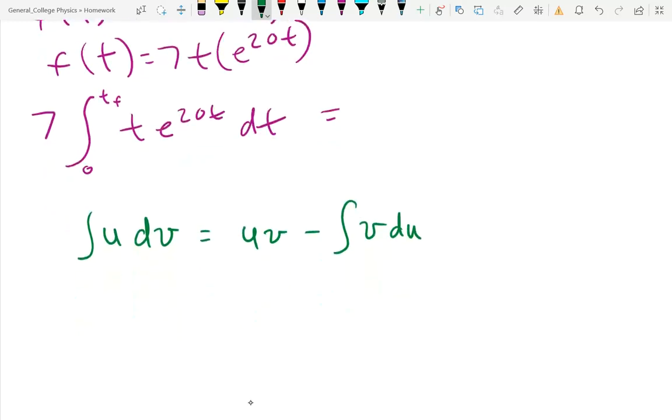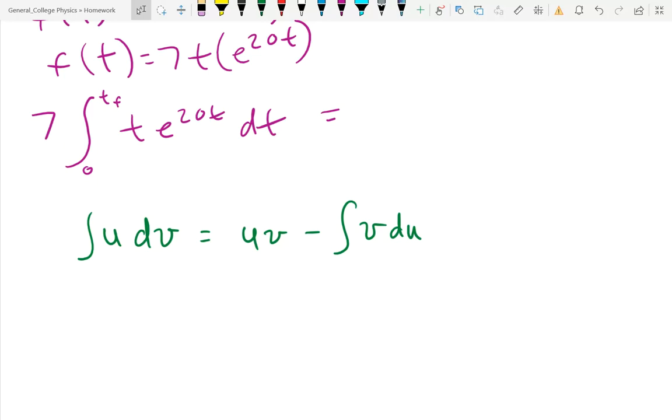And so what we have to do is identify a function u that I can easily take the derivative of, a function with dv that I'll be able to take the integral of, and that when I do this, I can solve it. Sometimes you actually have to do it more than once. I chose one here where you only have to do it once.